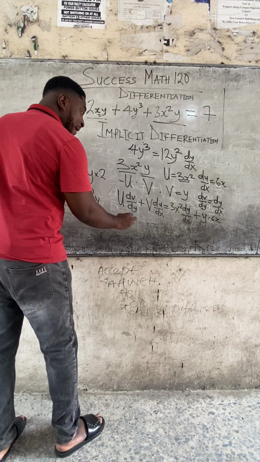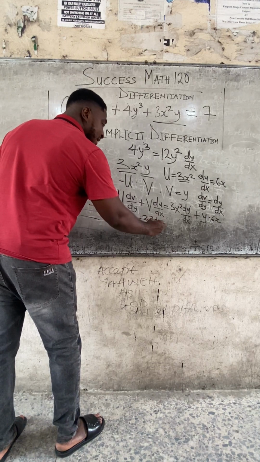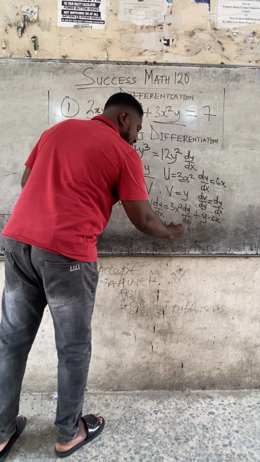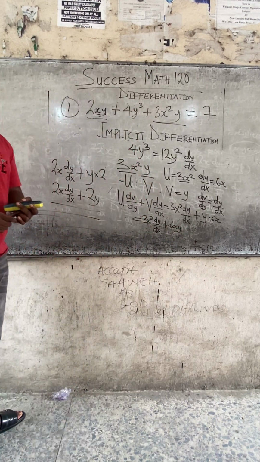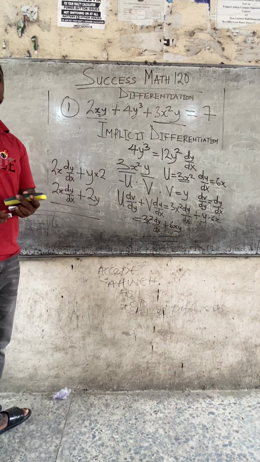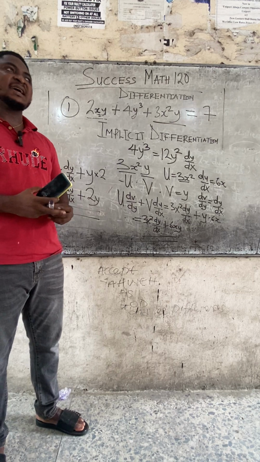If we do everything, we end up having what? 3x squared dy/dx plus y times 6x, that is 6xy. We end up having 3x squared dy/dx plus 6xy.